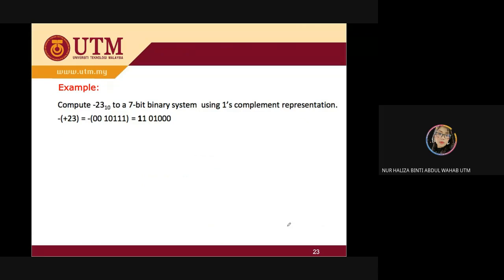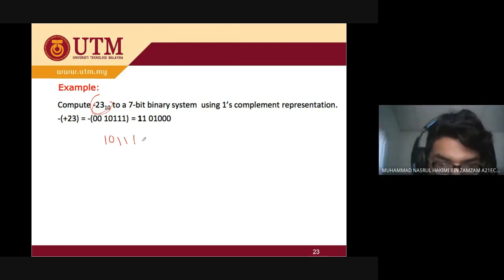Example here, compute negative 23. So over here, it is also similar, negative 23. 23 is 16 plus 4 plus 2 plus 1. Right? Plus 4, right.